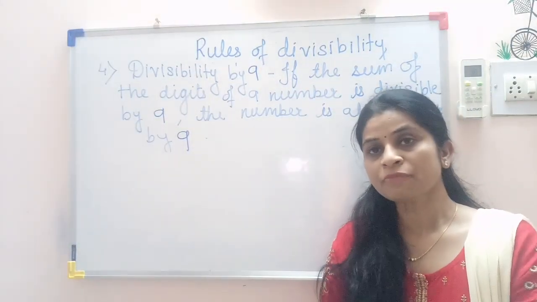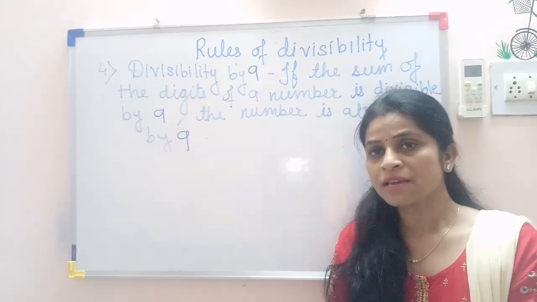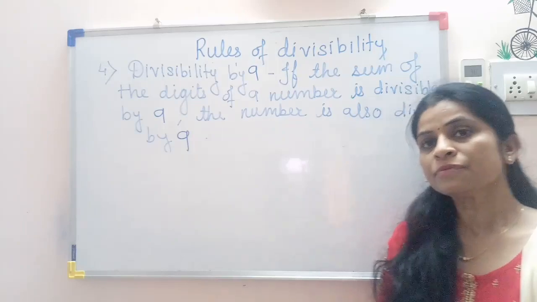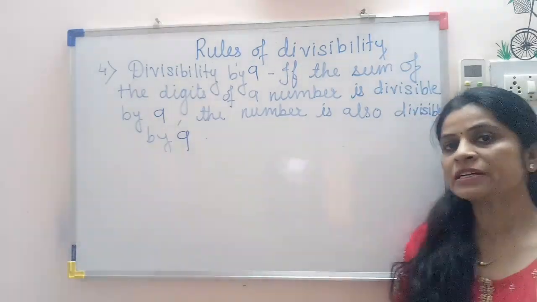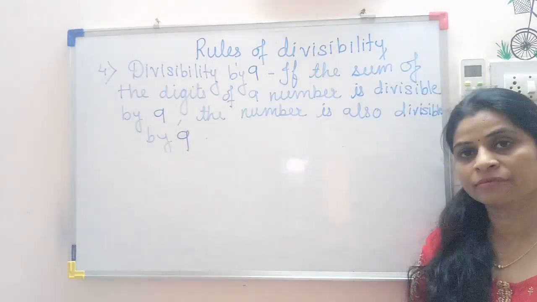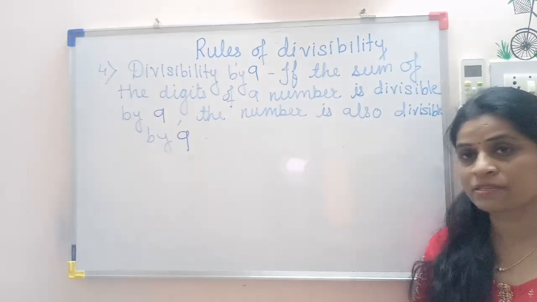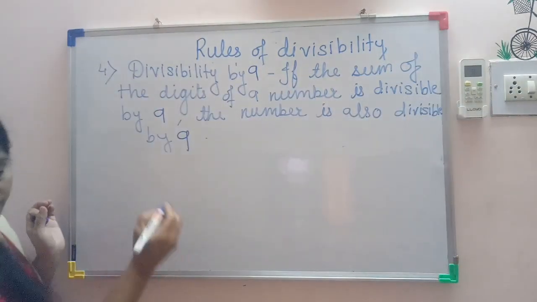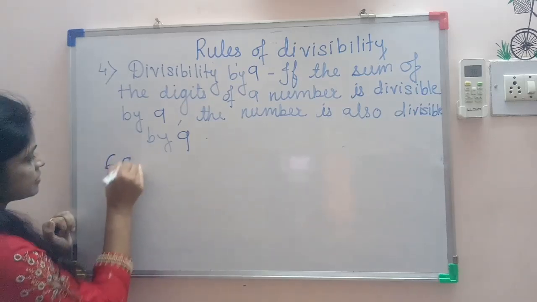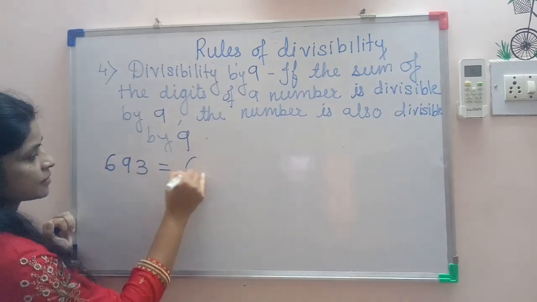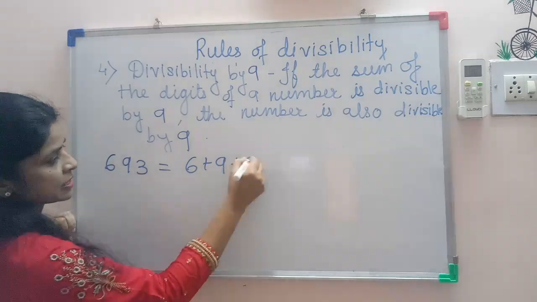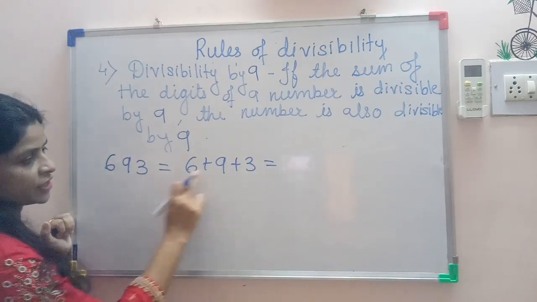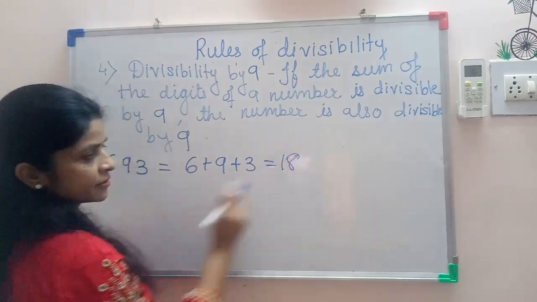Now the next one, divisibility by 9. In the divisibility of 9, we use the same rule which we use in the divisibility by 3. If the sum of the digits of a number is divisible by 9, that means the given number is also divisible by 9. Let's take an example. 693. 6 plus 9 plus 3, 15, 16, 17, 18.